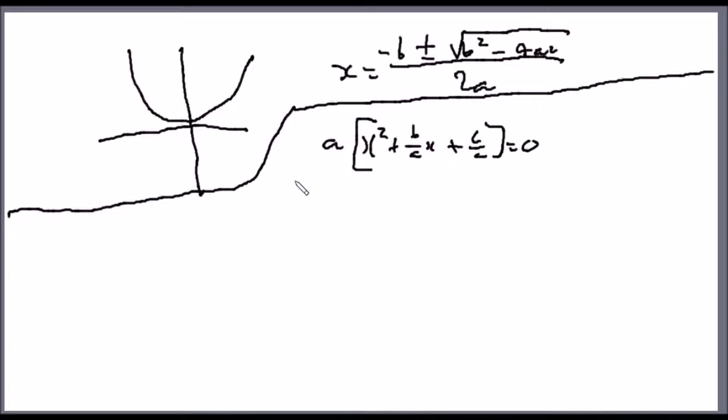So what we want to do then is to start completing the square itself. So that's x plus b over 2a squared minus, and then this is minus this unit squared, so b squared over 4a squared plus c over a, which equals 0.